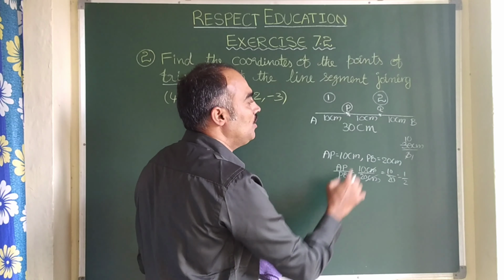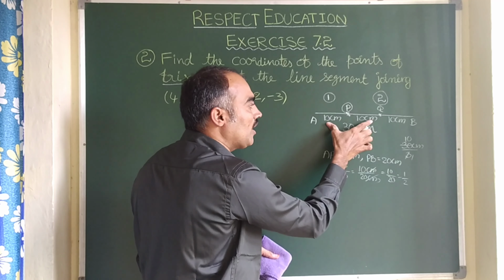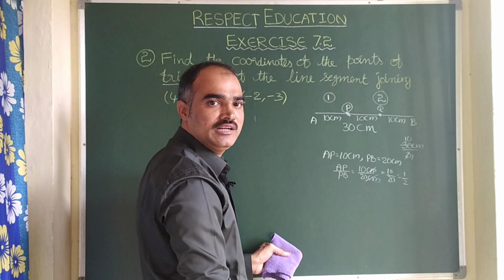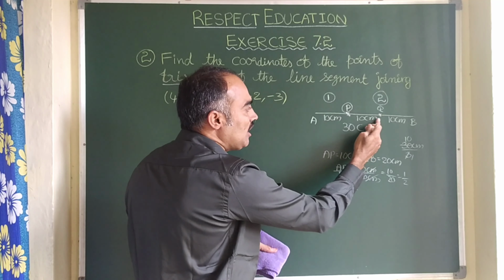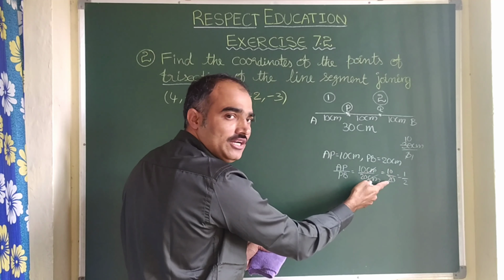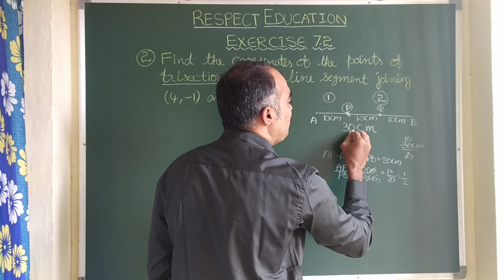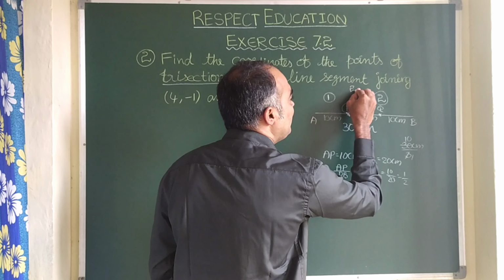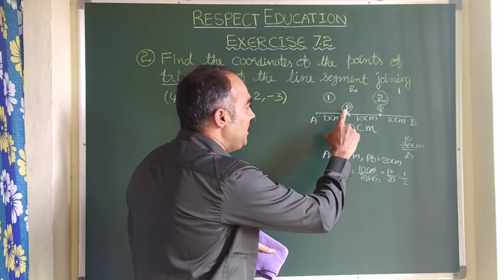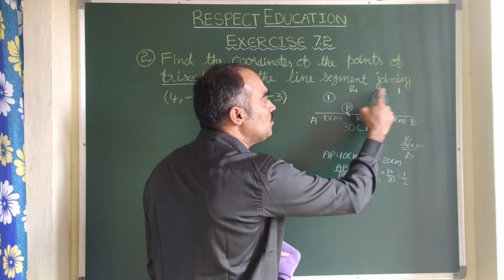Now come back to Q. Q also divides AB: 2 parts to 1 part, so the ratio is 2:1. If not, A to Q is 10 plus 10, 20, and QB is 10, so 20 by 10 is 2 by 1, meaning 2:1. So Q divides AB in the ratio 2:1. Is it clear? P divides AB in the ratio 1:2 and Q divides AB in the ratio 2:1.